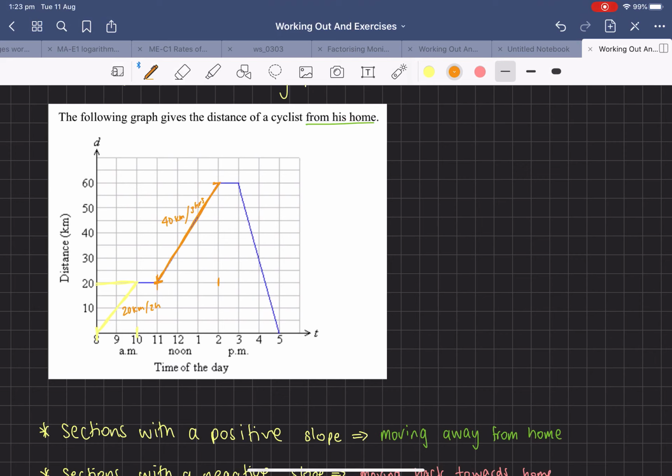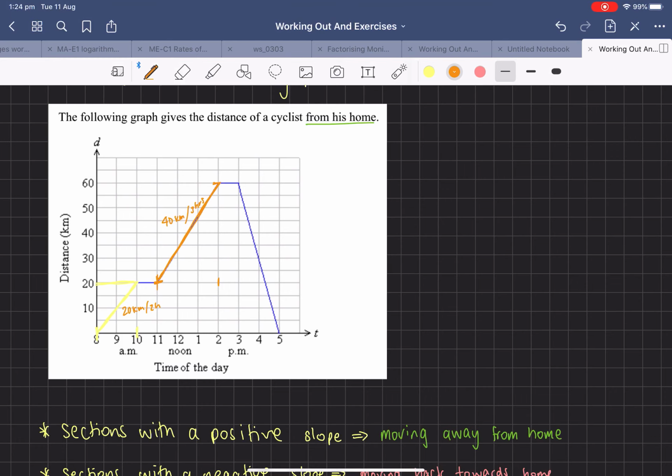Now, what we need to see is that when the line segment is steeper, that means the cyclist is travelling more distance in a shorter amount of time. So where the line segment is steeper, it means that the cyclist is travelling further in a shorter amount of time.